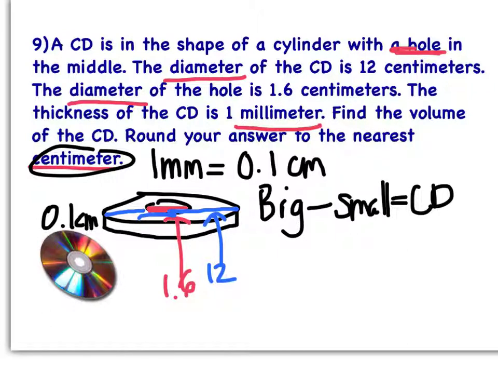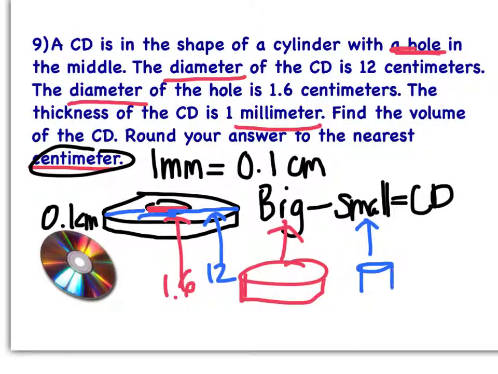I would like the person with the darkest shirt to figure out what is the big cylinder, so that's pretty much the whole thing, and the person with the lightest shirt to do the small cylinder that is in the middle. And then together you're going to subtract those to tell me our grand total. Let's pause the video. Stand up once you know the answer. What is your grand total? Go!